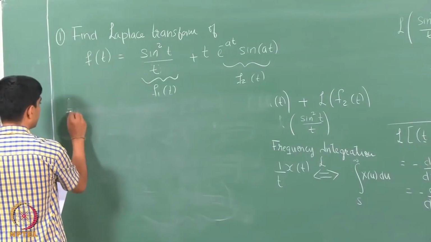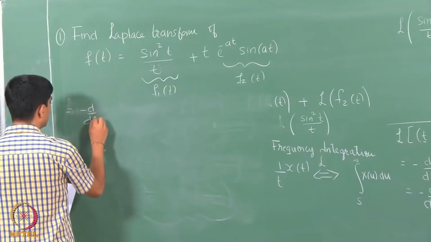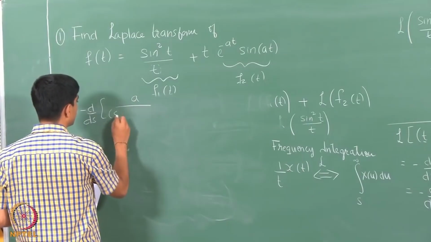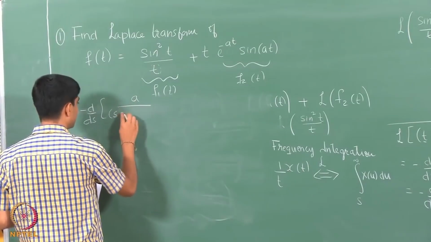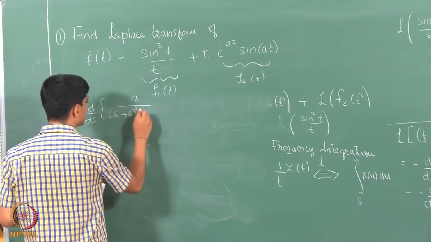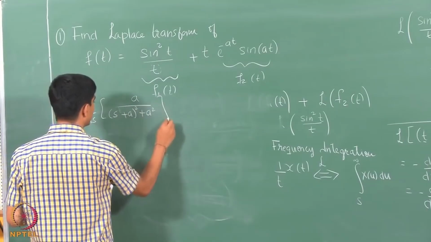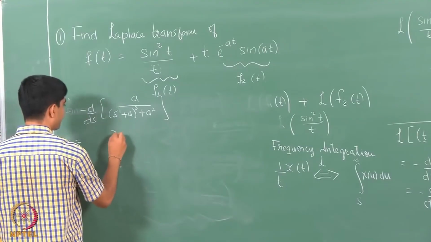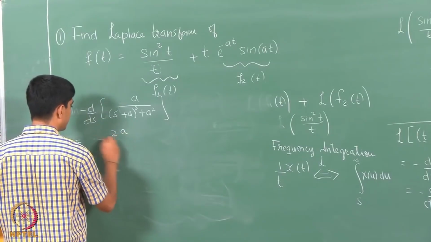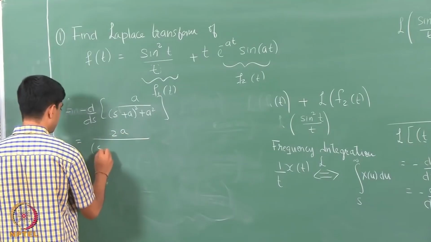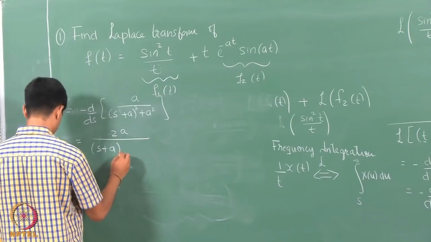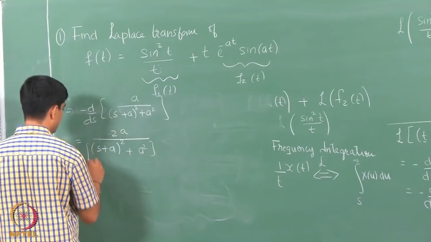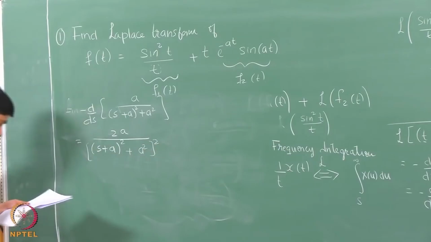And that d over ds of this would be twice a times s plus a over s plus a whole square plus a square, the whole square, right.